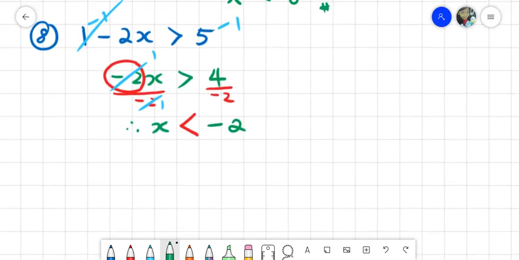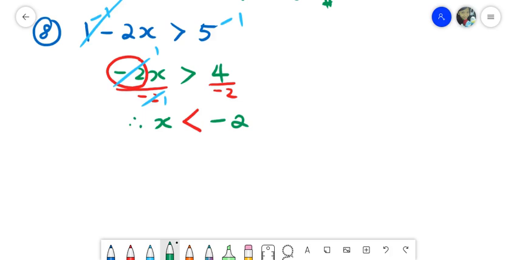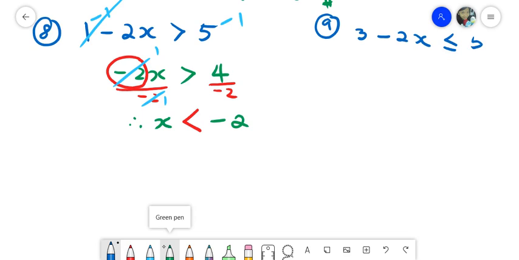Do you want to have more? Let me share something else. Question 9. Let's say 3 minus 2x less than or equal to 5.